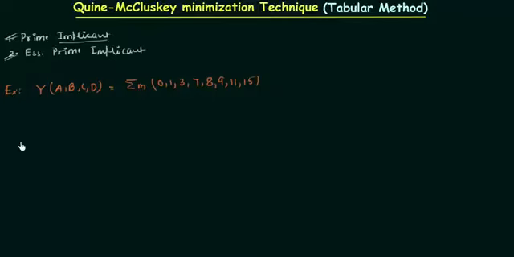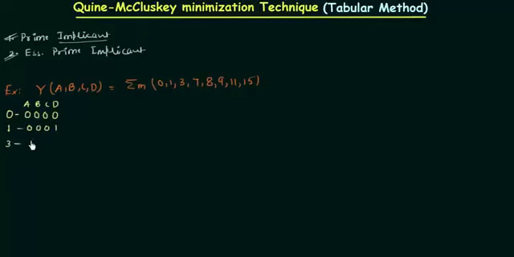Before that, I will write down the binary equivalents for these minterms. I hope you already know these things. No need to write them down in your exam, but for reference, I'm going to write down the binary equivalent of 0, which is 0, 0, 0, 0. We are having 4 variables a, b, c and d. For 1, we have 0, 0, 0, 1.